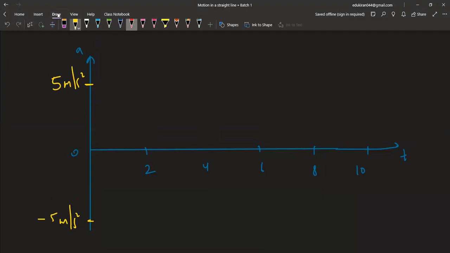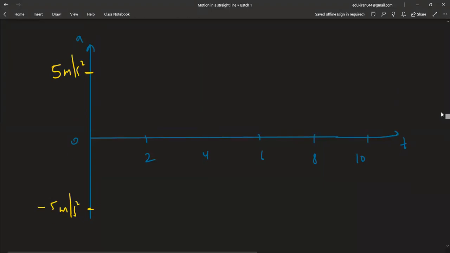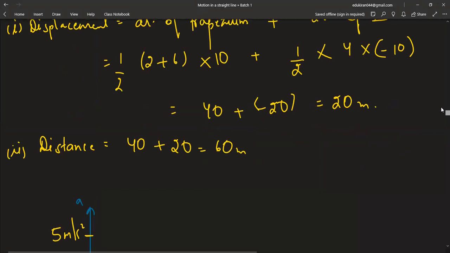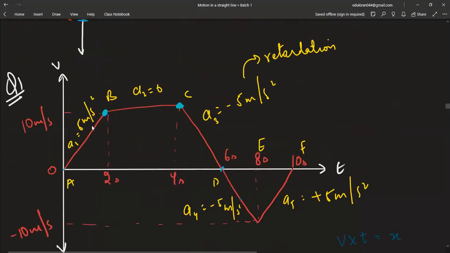Now, in the initial 2 seconds, what is happening? In the initial 2 seconds, acceleration is having a constant value. This is a constant slope. Velocity was increasing, but acceleration was constant. And we know how to plot a constant slope.